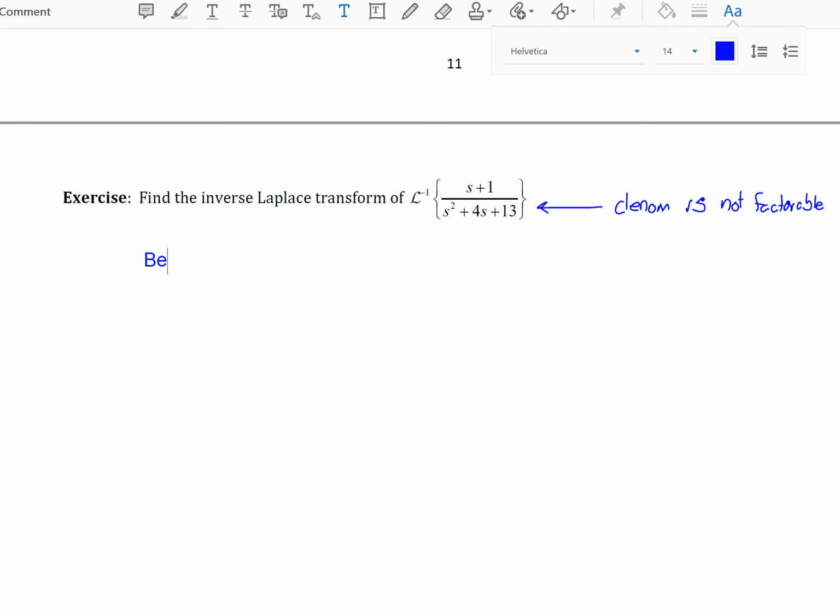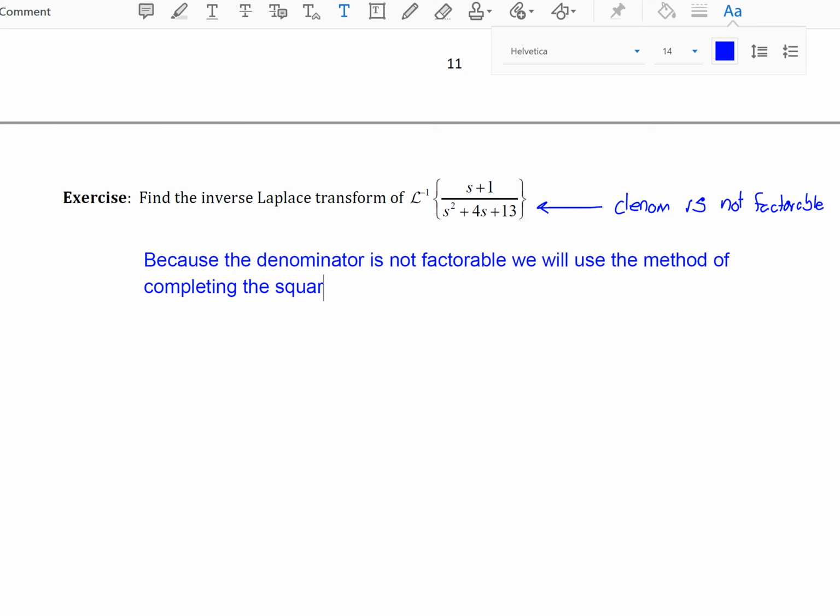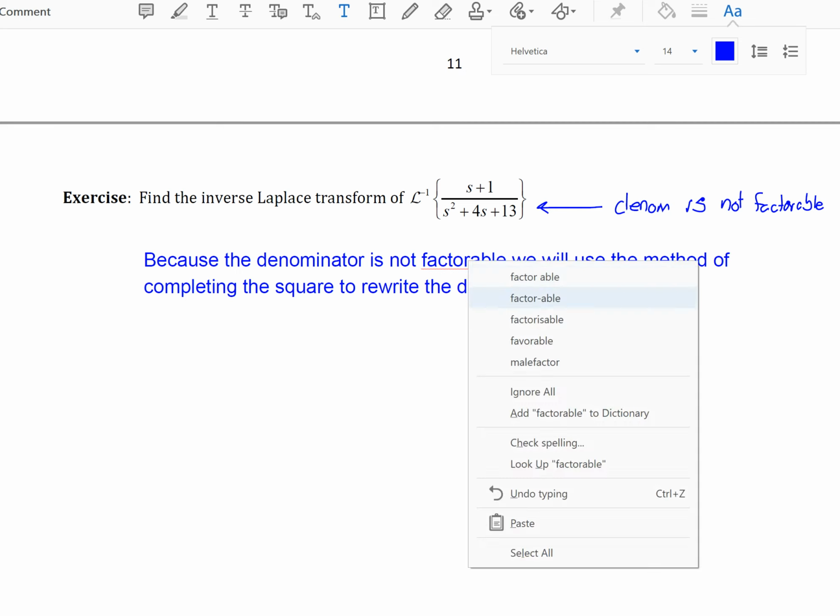So here, because the denominator is not factorable, we will use the method of completing the square to rewrite the denominator. If you haven't looked at the method of completing the square recently, then this would be a nice reminder.